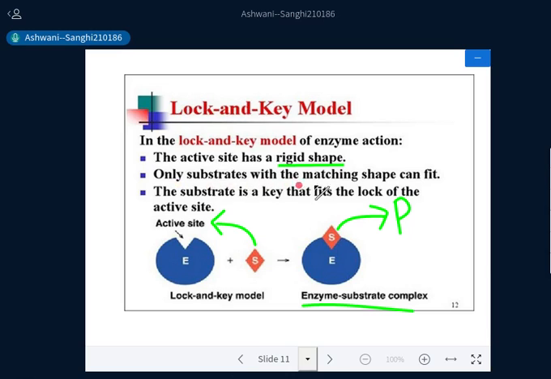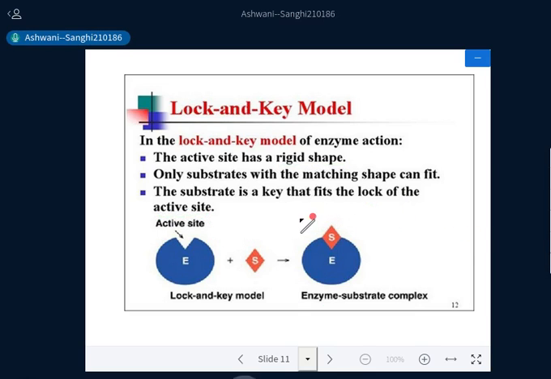Only substrate with matching shape can fit, like each lock has a particular key, like each enzyme has a particular substrate. Substrate is a key that fits the lock of the active site.